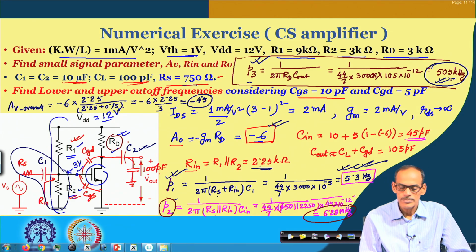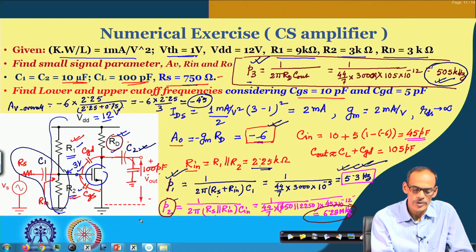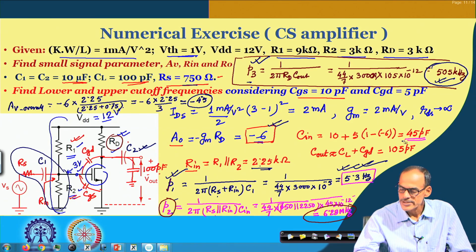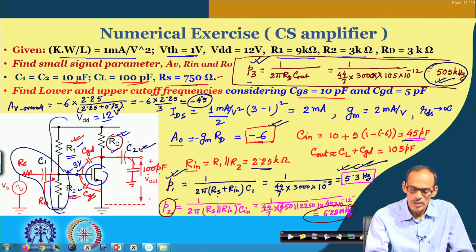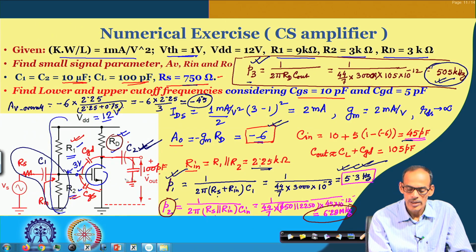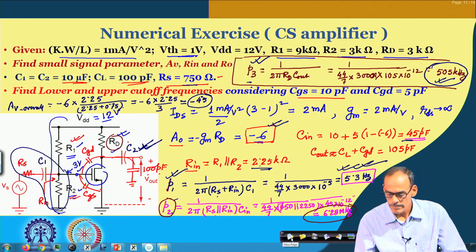Okay. So anyway, we know that this circuit will have low gain, but the exercise we have seen here shows that because of the low gain, the input capacitance is not so high. As a result, the upper cutoff frequency is still decided by the pole coming from R d and C L, or the output capacitance.